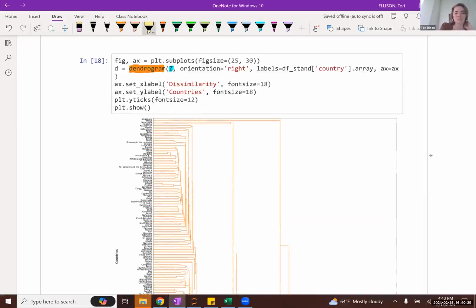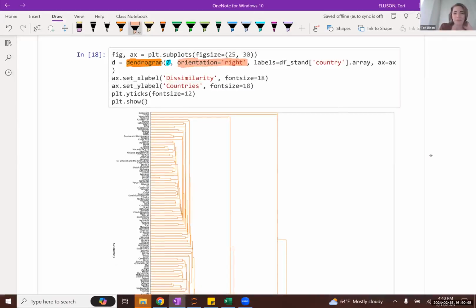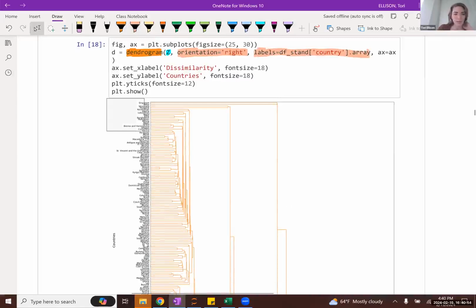And I can stipulate some parameters, so not all of these are needed. For instance, I might want to change the orientation to right. In addition, I might choose to label the observations on my y-axis now. So I want to label the observations by the country because I think that's going to be useful and informative.